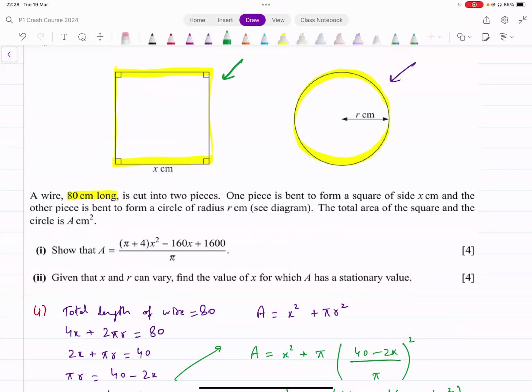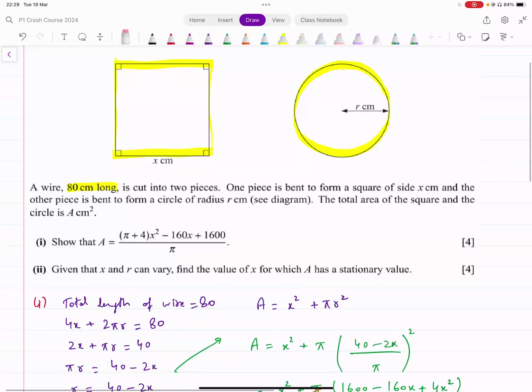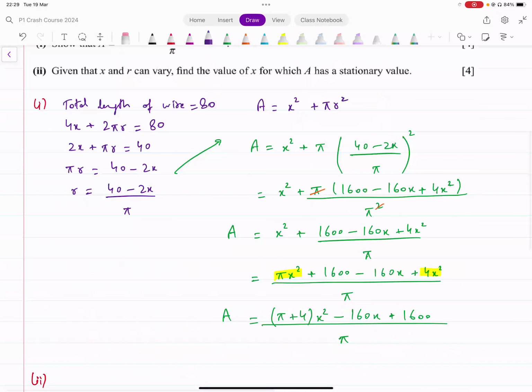So what's the perimeter of the square? 4 times x. What's the perimeter of the circle? 2 pi r. The sum of both of them should be equal to 80, right? Yes, sir. Okay, thank you, sir. No problem.